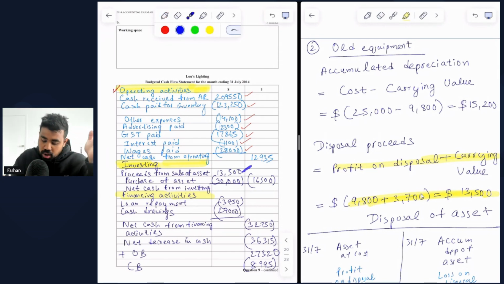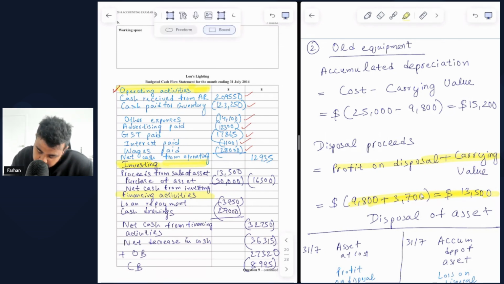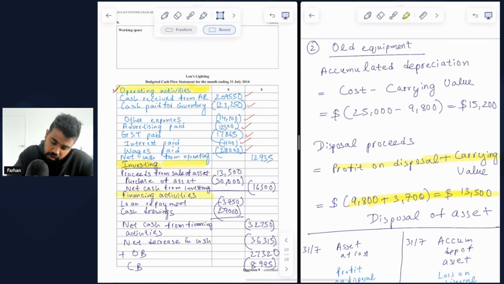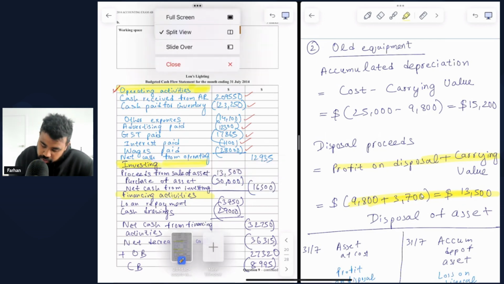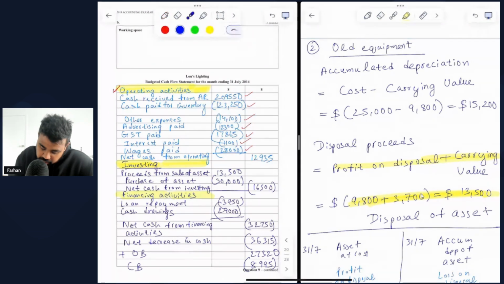So these are the only two items to take care of. Once you do the calculations, net cash flow from investing activities is actually negative 16,500, right? So this is what we have shown here. Net cash flow from investing, negative 16,500.